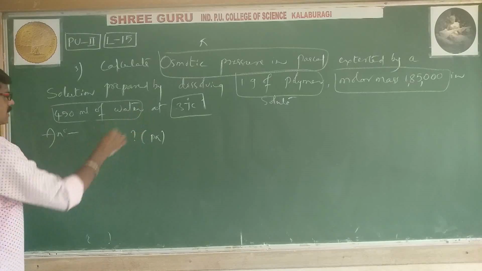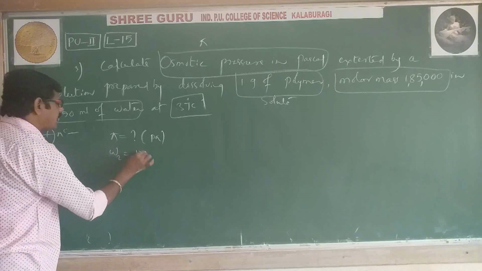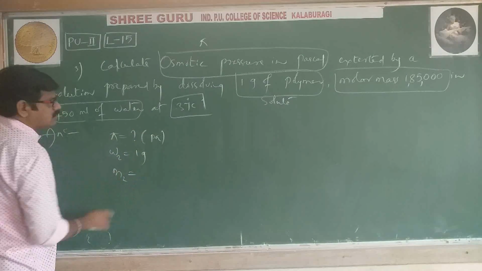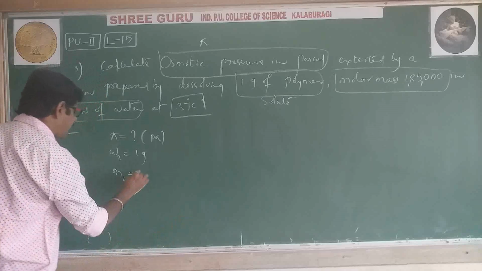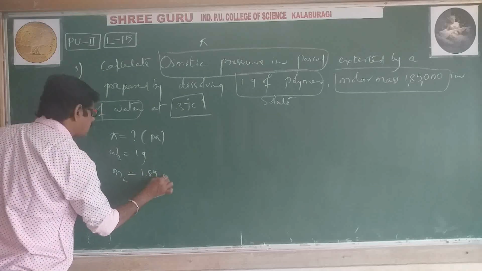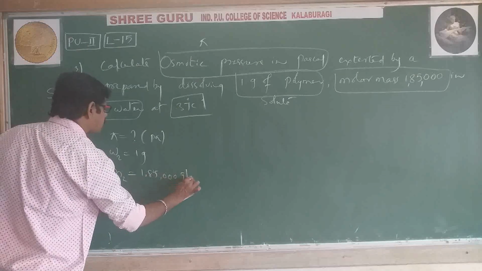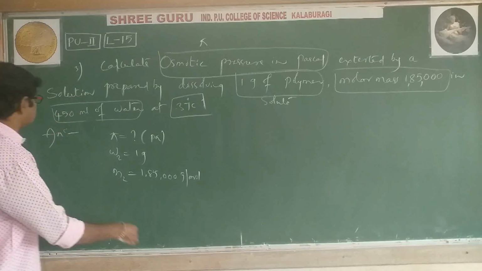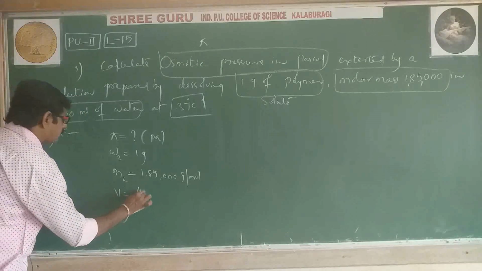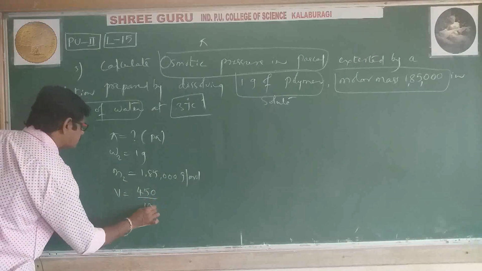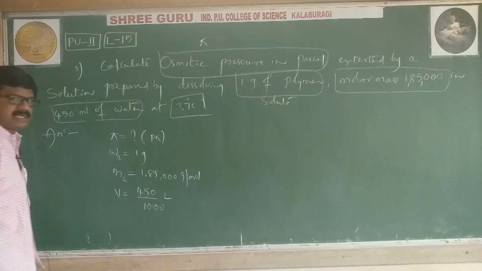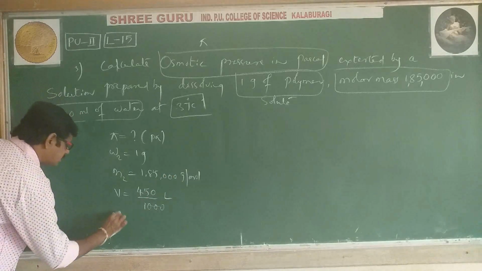Right, next W2 value 1 gram, M2 value given, molar mass 1,85,000 gram per mole. Next, volume 450 divided by 1000 liters, because we want to take in liters.